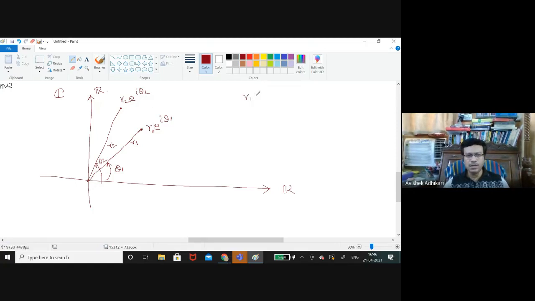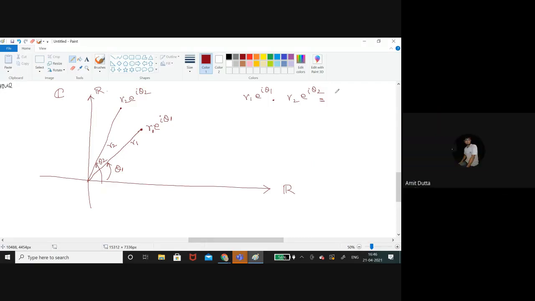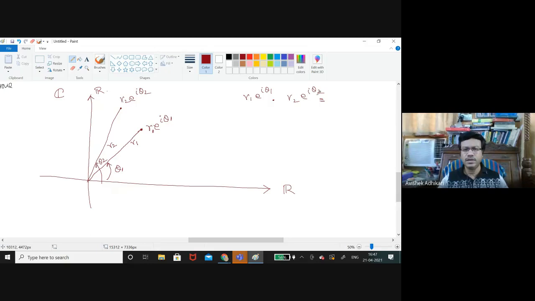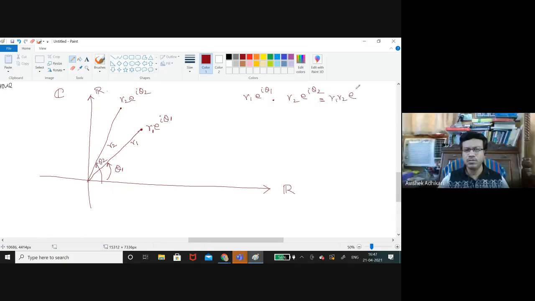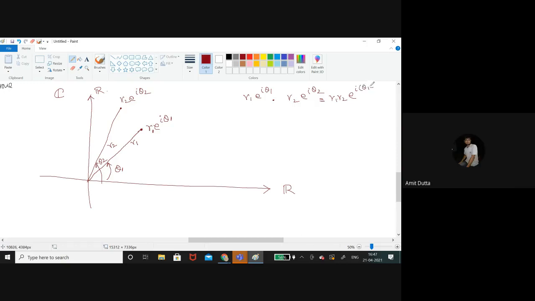So r1 e to the power i theta 1 into r2 e to the power i theta 2. How was the product defined in complex numbers? Yes, r1 r2, very good, e to the power i, theta 1 plus theta 2.